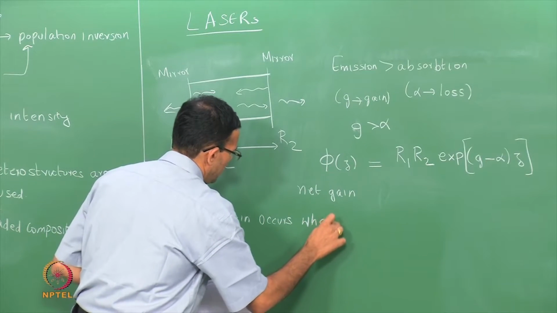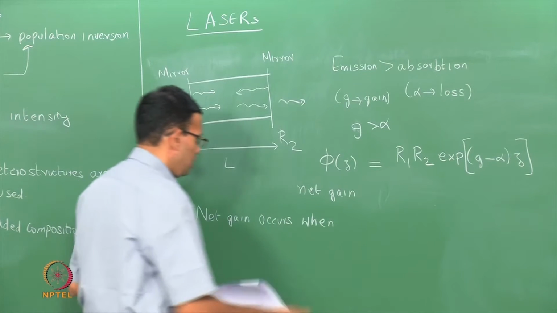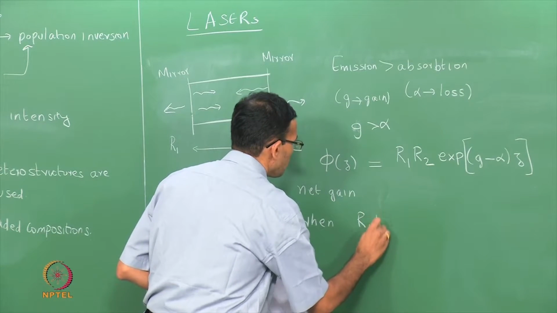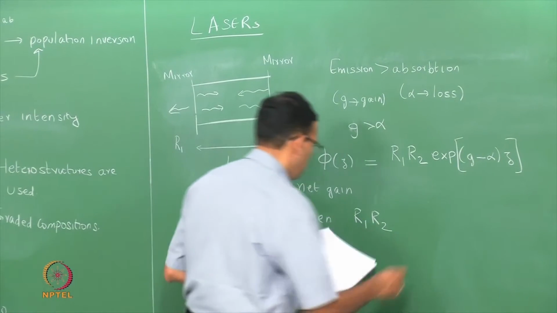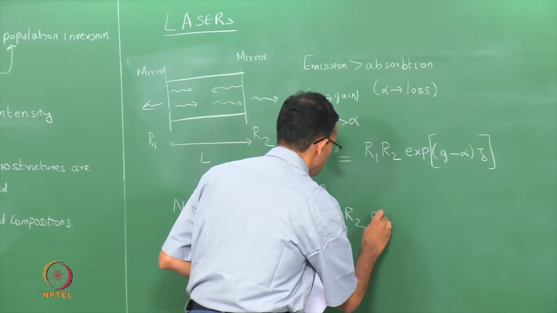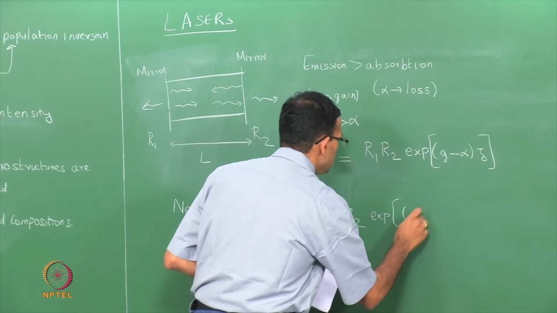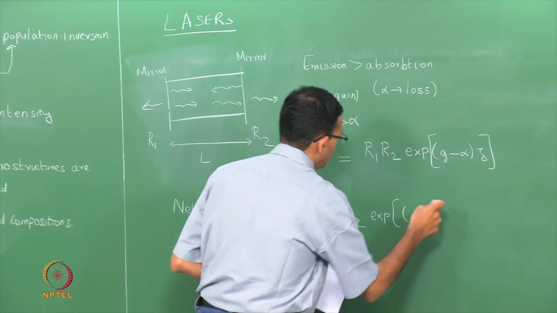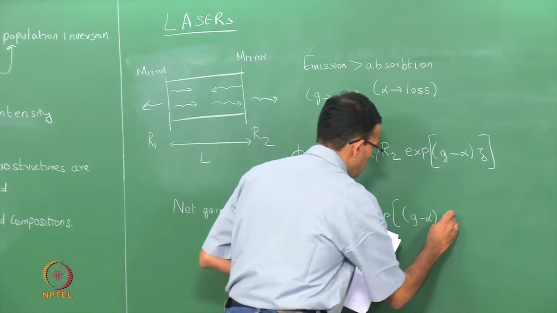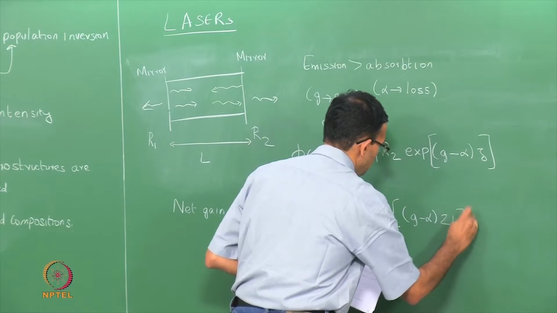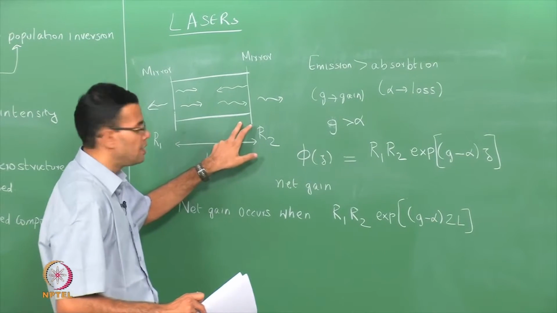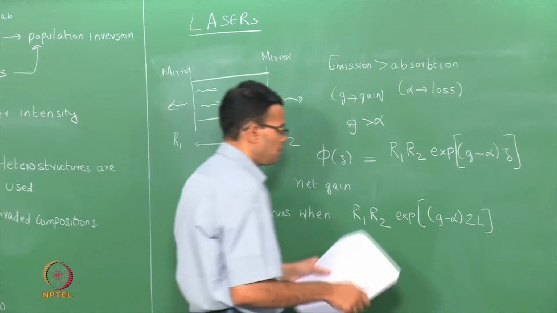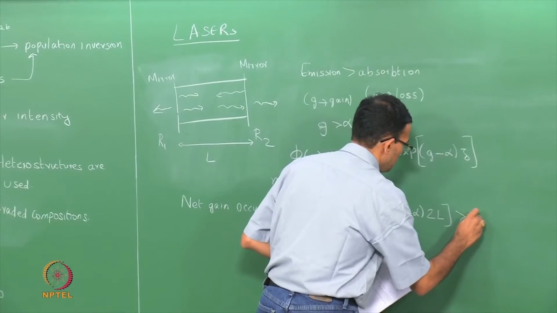So, you have a net gain when phi is more than 1, or you have R1 times R2 exponential G minus alpha. Now, the total distance travelled is 2L, because it travels from one mirror to the next and then gets reflected and comes back. This should be greater than 1.